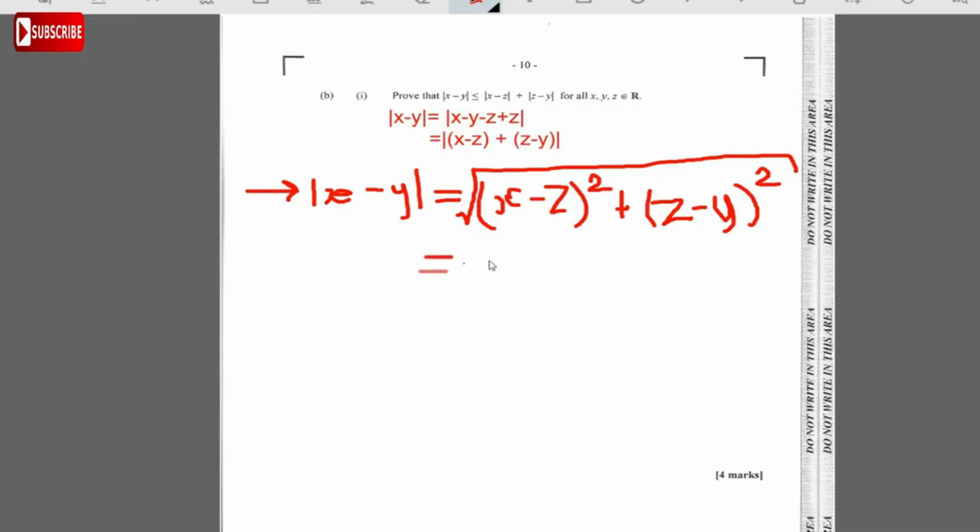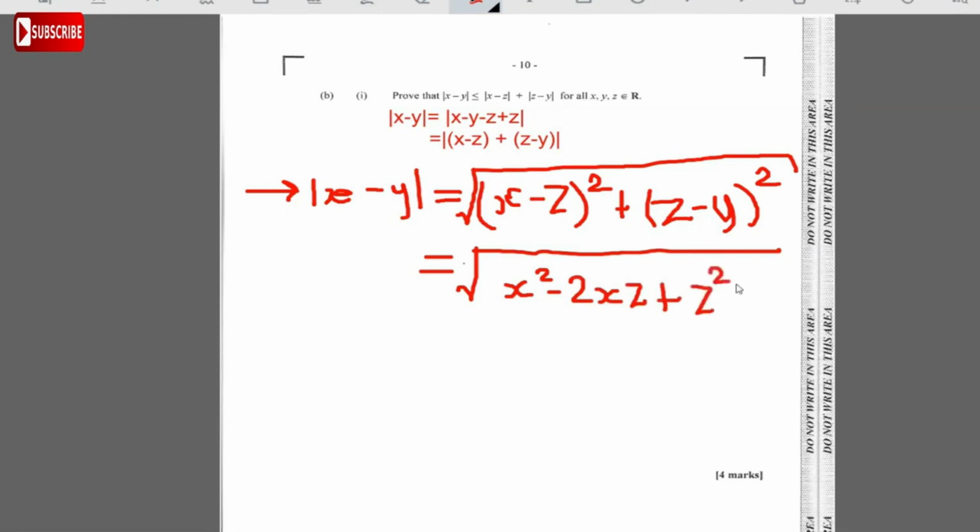The modulus of x minus y is working out to be the square root of, inside this bracket, x squared minus 2xz plus z squared, plus another z squared minus 2yz plus y squared.